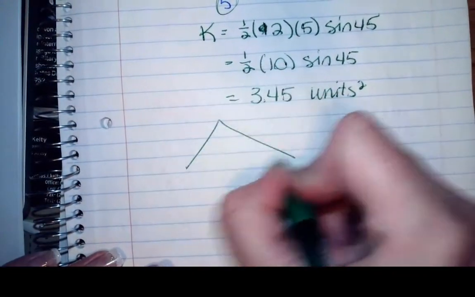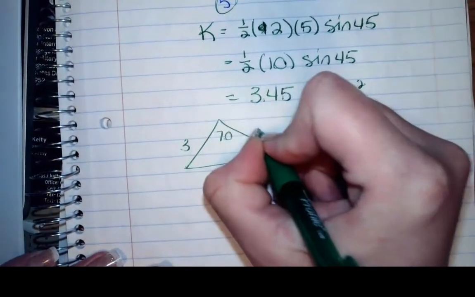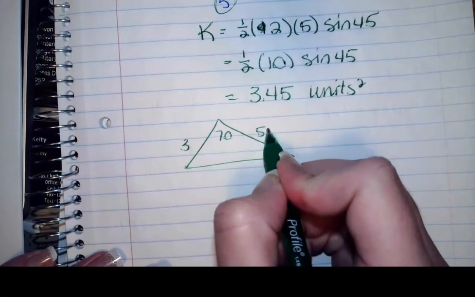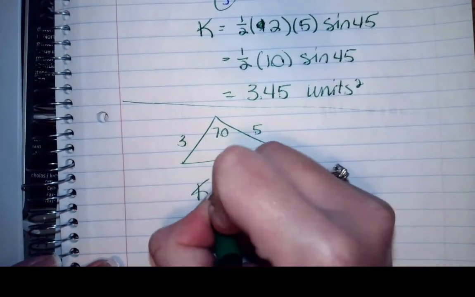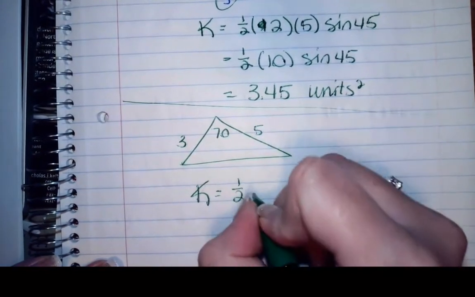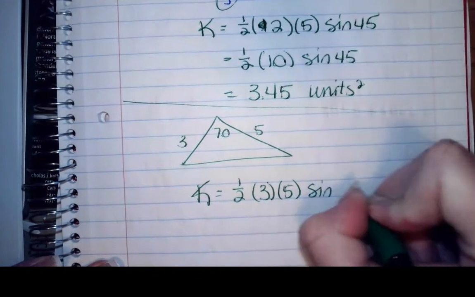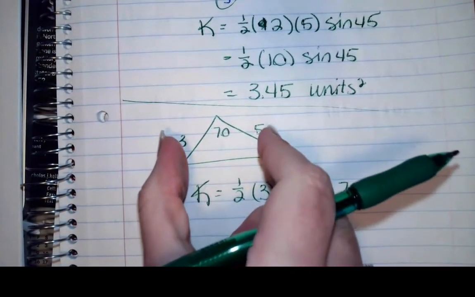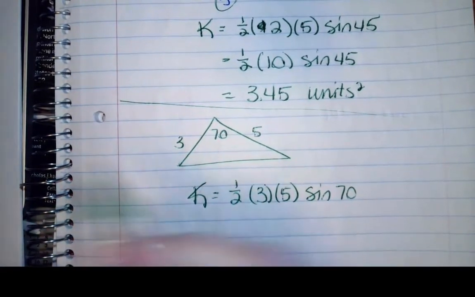Okay, so let's try it again. I have another triangle, and I've got a 70, a 3, and a 5. So again, I've got a side, angle, side, so I can use what I know about finding the area. I'm going to take half of the product of the sides times the sine of the included angle.